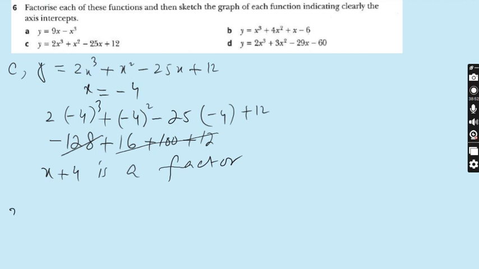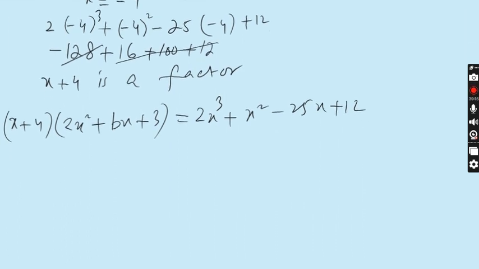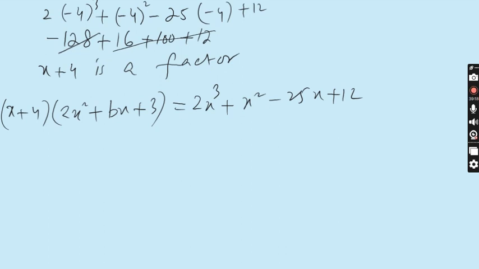So write x plus 4. You need 2x cube, so we have to write 2x square, and plus bx is same. You need plus 12, so you have to write 3. This is very important. Is equal to, the question is 2x cube plus x square minus 25x plus 12. Now we have to find the value of b.